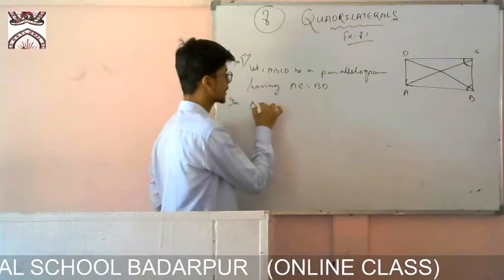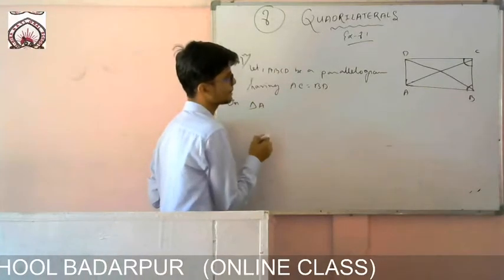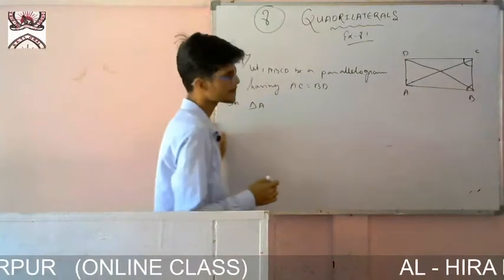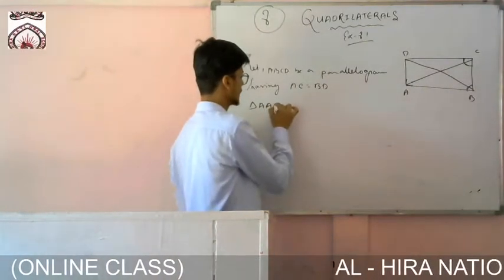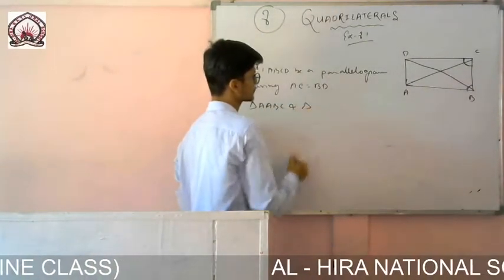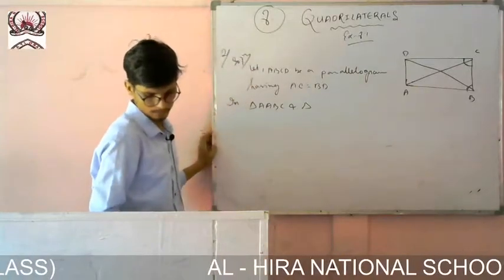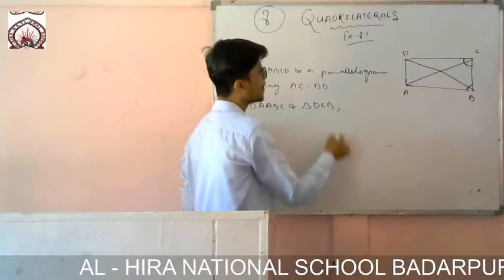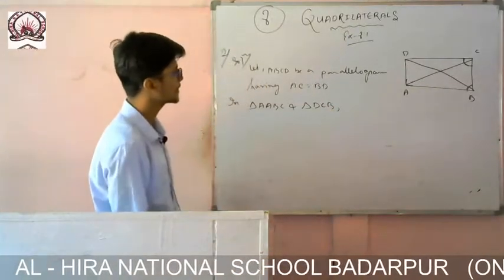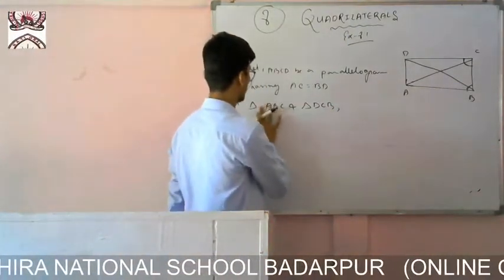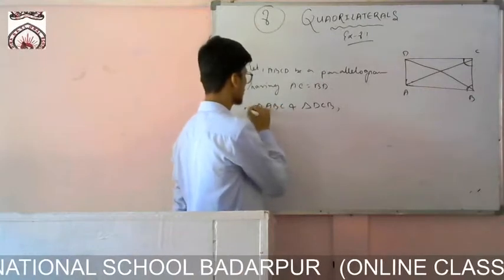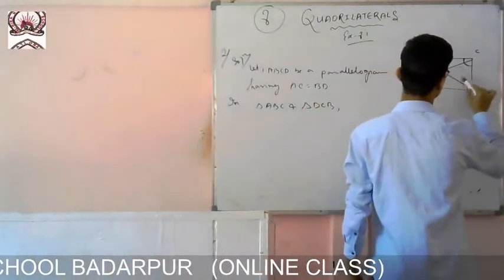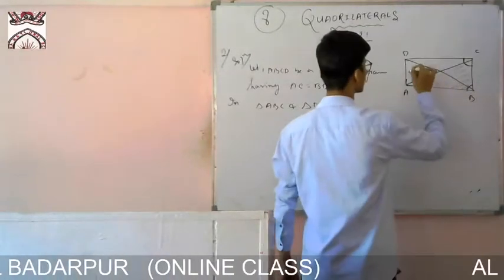So in triangle ABC and triangle DCB, ABC this one, and triangle DCB this remaining one.